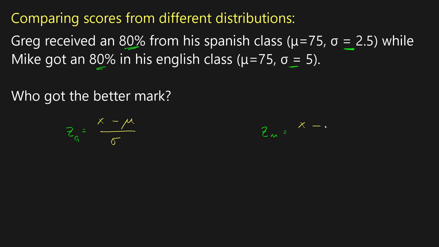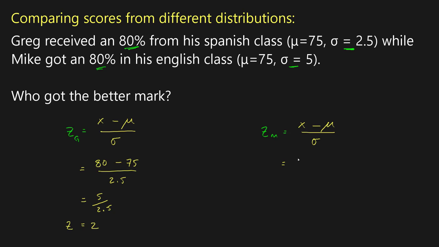It's going to be the same formula for both of them, but of course I'm going to have two different sets of scores here. Greg has a raw score of 80. He's in a class where the mean is 75 and the standard deviation is 2.5. This gives me a 5 over 2.5, and that is a z-score equal to 2.